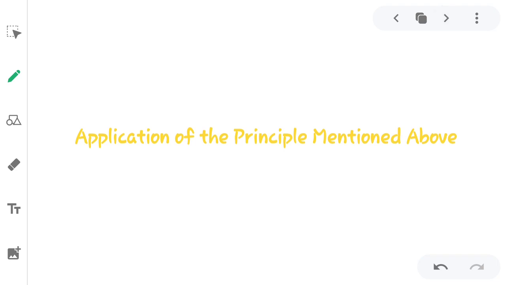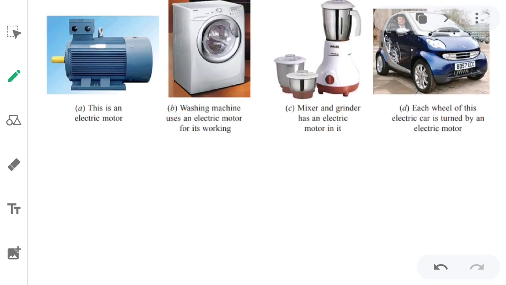Where do we use the application which we have studied right now? The applications are electric motor, generator, washing machine, mixer grinder, and electric cars.